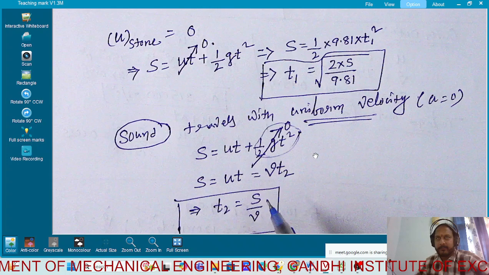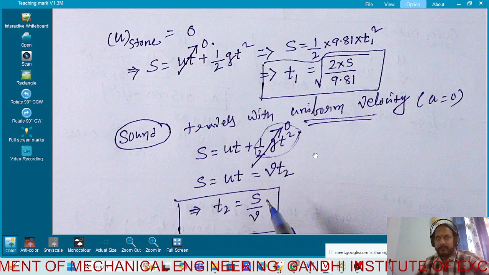This is something like a quadratic equation. 0.0000088 s square, this plus this is coming around 0.24257 s plus 42.25 is equal to 0.